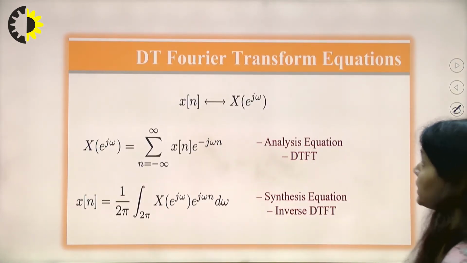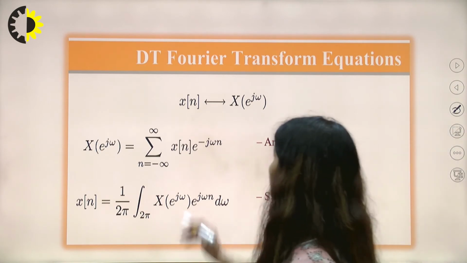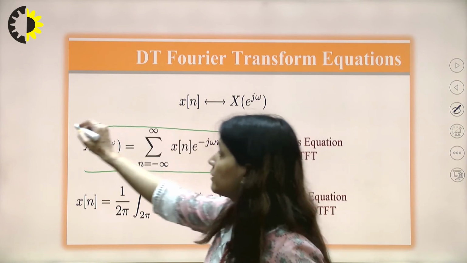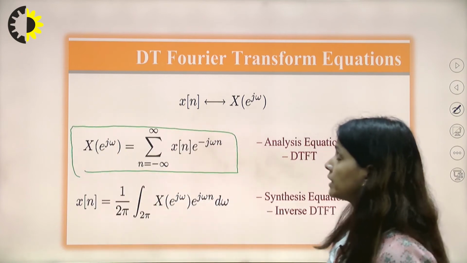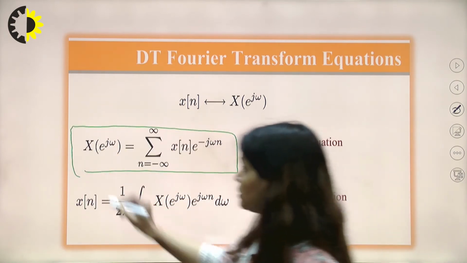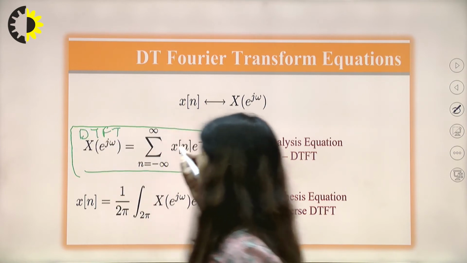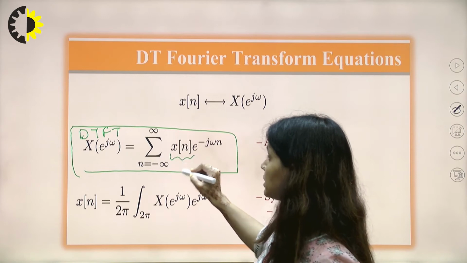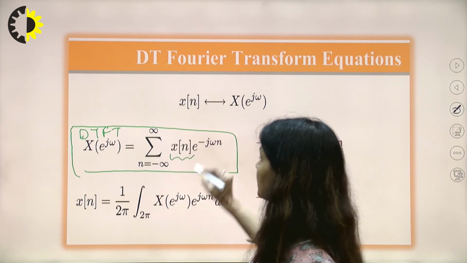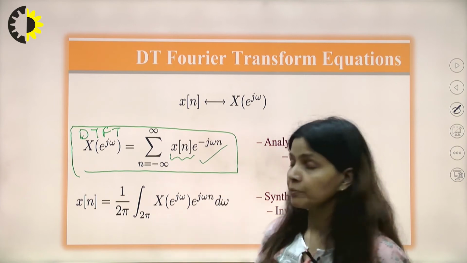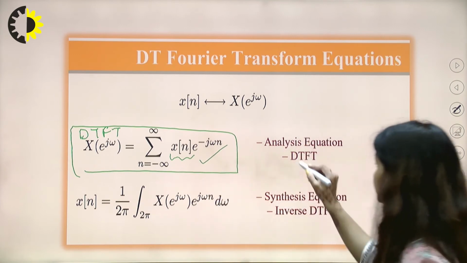Now the discrete time Fourier transform equations. As I have already discussed, this X(e^jω), that is the DTFT, is obviously for a discrete sequence, summed from minus infinity to plus infinity of x[n] e raised to the power minus jωn, and hence it gives the DTFT.